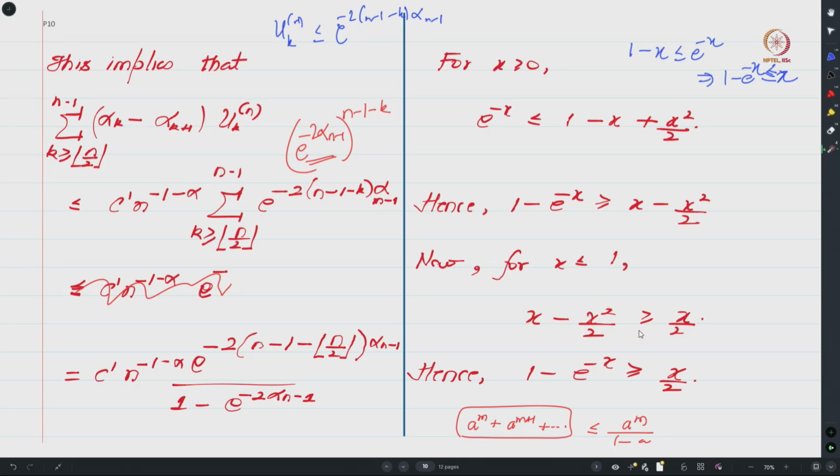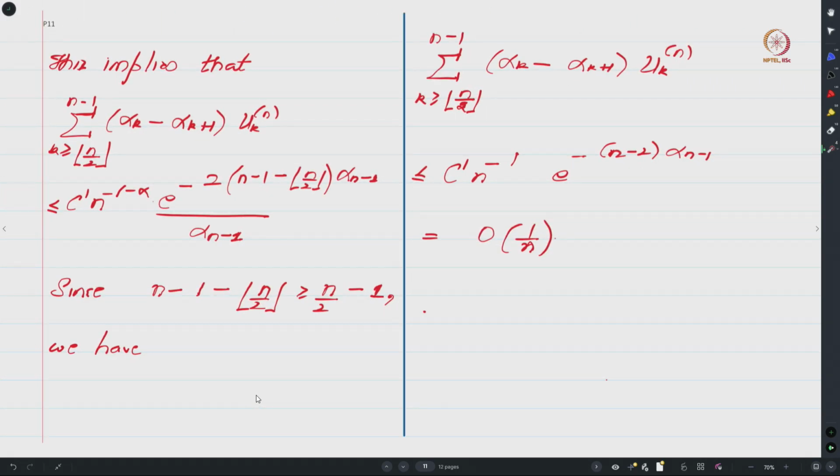This helps us conclude that a lower bound on 1 minus e raised to minus x is x over 2, and so a lower bound for this expression is 2 alpha over n minus 1 by 2, and the 2 cancels off and we end up with alpha over n minus 1.